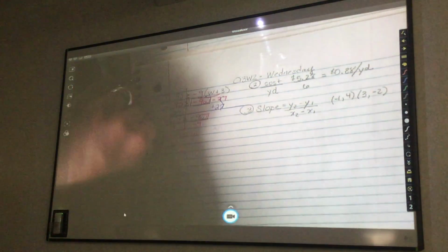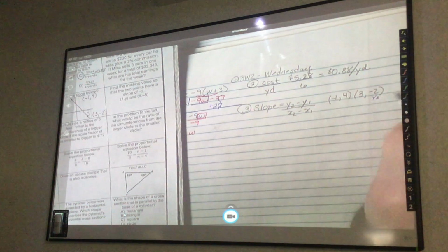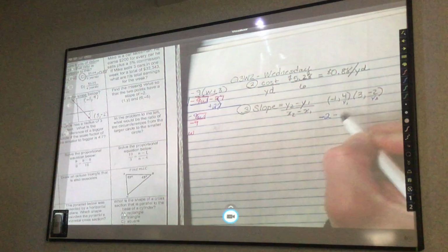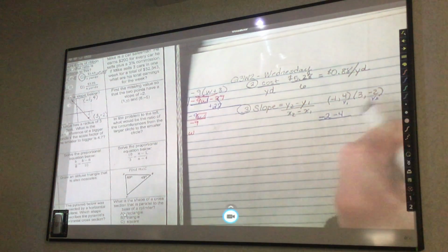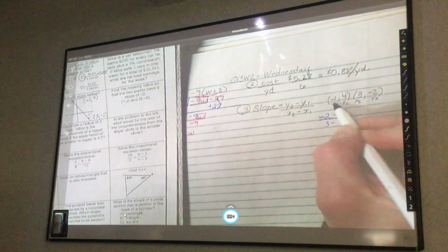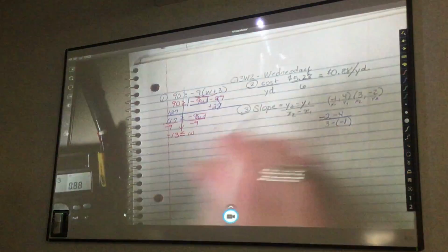Then I go into my slope formula. y2 is a negative 2 minus y1 is 4 over x2 is 3 minus x1 is a negative 1.